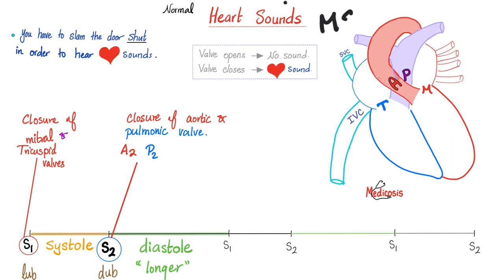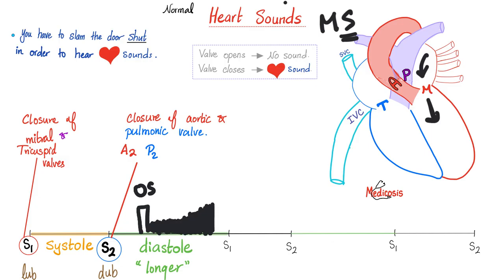Mitral stenosis is a narrow mitral valve, which means failure at opening. When is the mitral valve supposed to open? During diastole of the ventricle. And that's why mitral stenosis is a diastolic murmur. Usually it has an opening snap during diastole because it's diastolic. And then the opening snap is followed by a murmur that is low-pitched, which means low frequency.